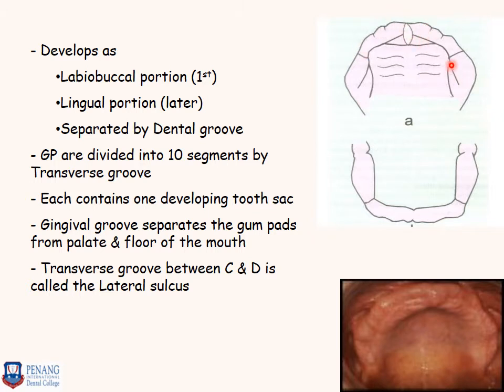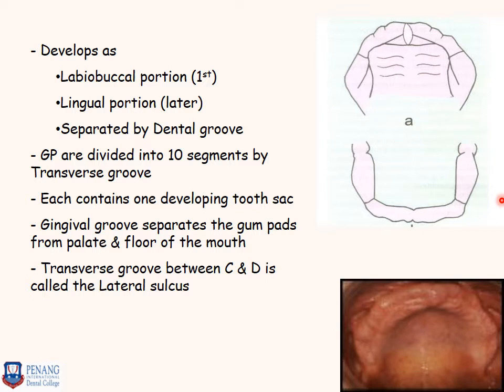The gingival groove, what we see here in these areas, is divided into 10 segments by the transverse grooves. The segments which divide are called the transverse grooves. Each contains one developing tooth sac, meaning a tooth which is already developing but within the jaw.